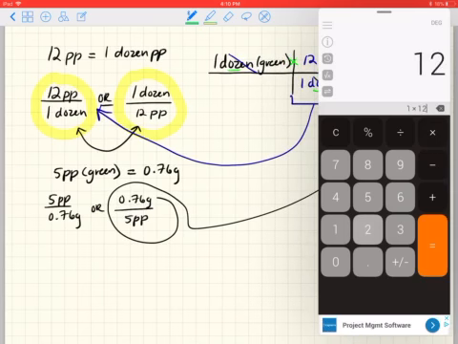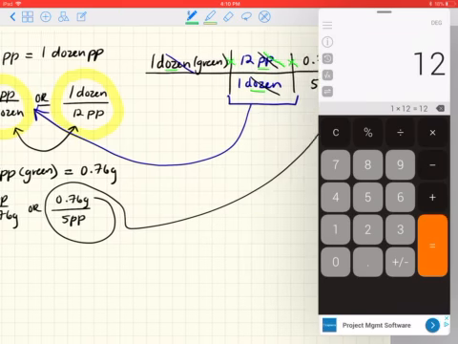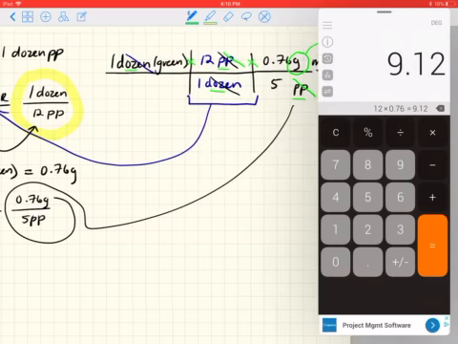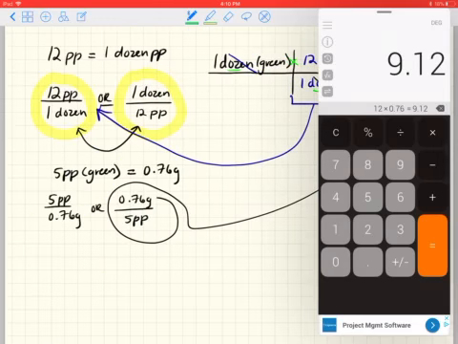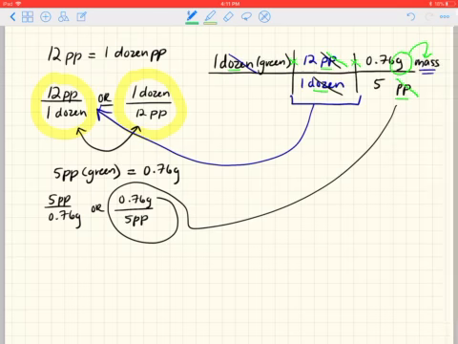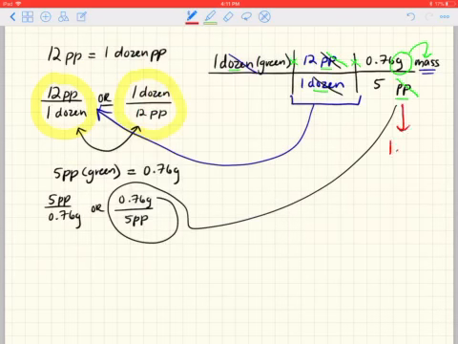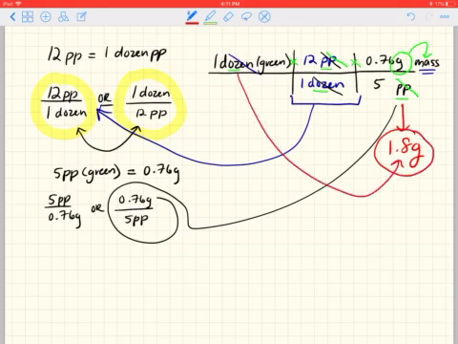So 1 times 12, again, just to show you, is 12, no surprise there, times 0.76. Divide by everything on the bottom, which is 5, and that gives me an answer of about 1.8 grams. So final answer there is about 1.8 grams. So this is how much 12 packing peanuts or a dozen packing peanuts will weigh if I'm dealing with the green variety.